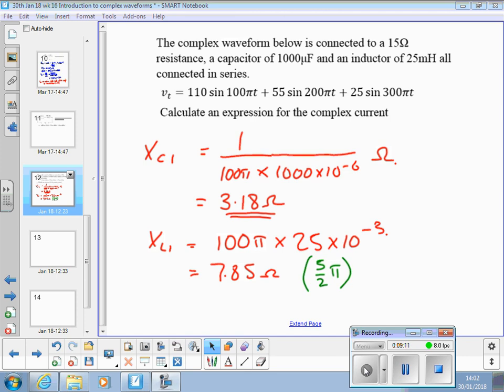You don't have to, but probably easier, because as you know, as soon as you evaluate pi, you end up with a never-ending decimal or a rounded decimal in your calculator. So sometimes you can make fewer mistakes by just leaving that as that value. All right.